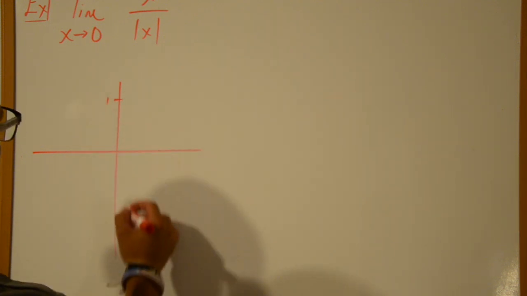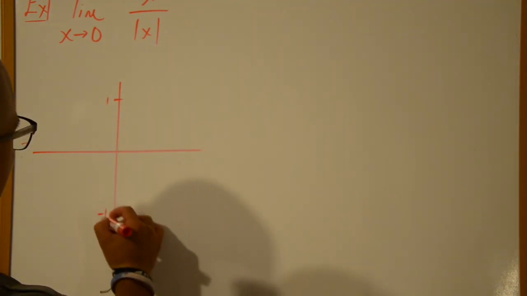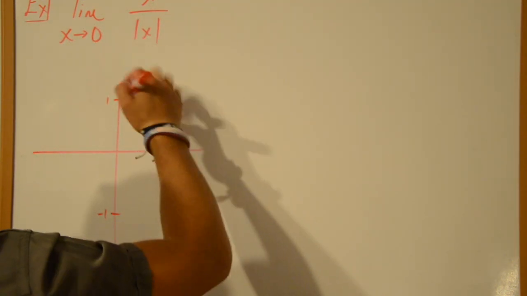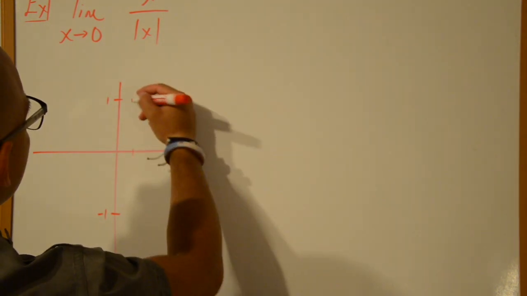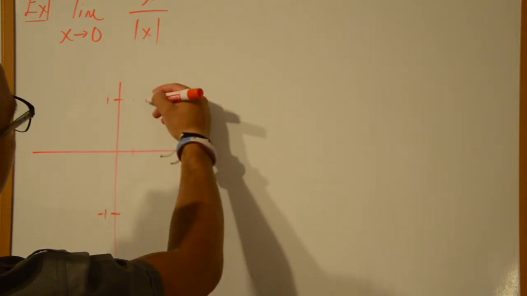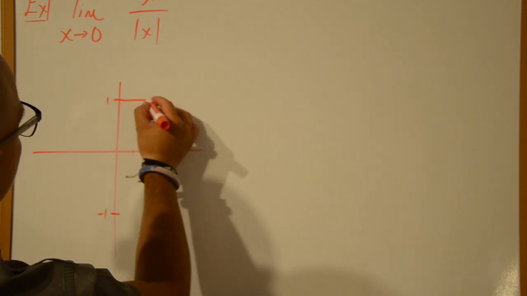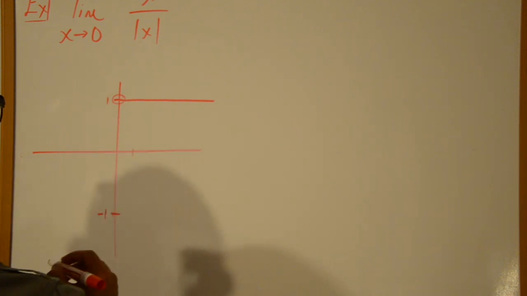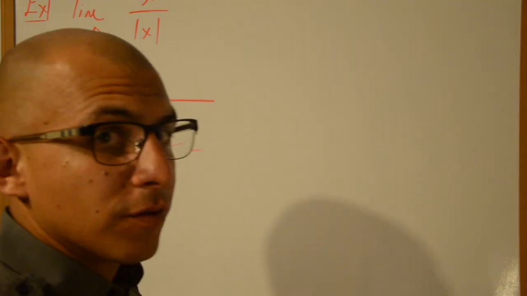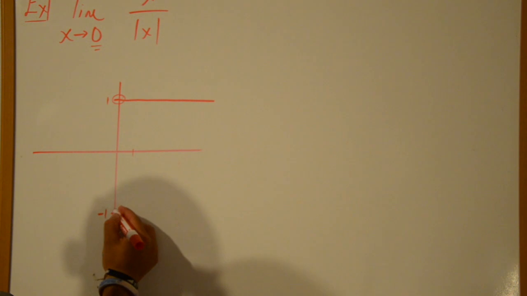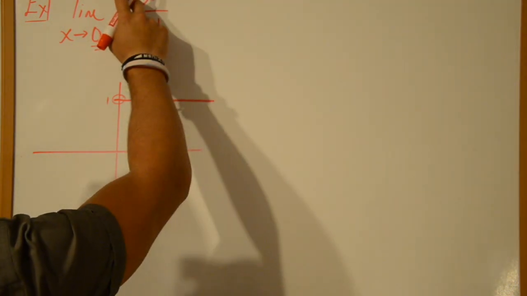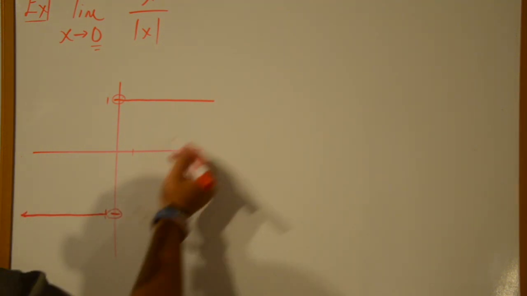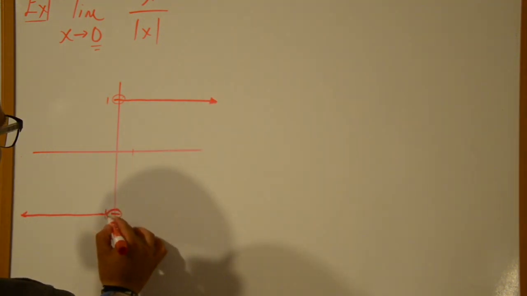So 1, -1, right? Because this is where we start to have the split. At 1 divided by 1, the output is 1. At 2 divided by 2, the output is still 1, so on and so forth. So we have this. At 0, the function is undefined. Go figure. And at -1, anytime there's a negative value up here, it's going to yield a negative output. So this is what our function will look like.